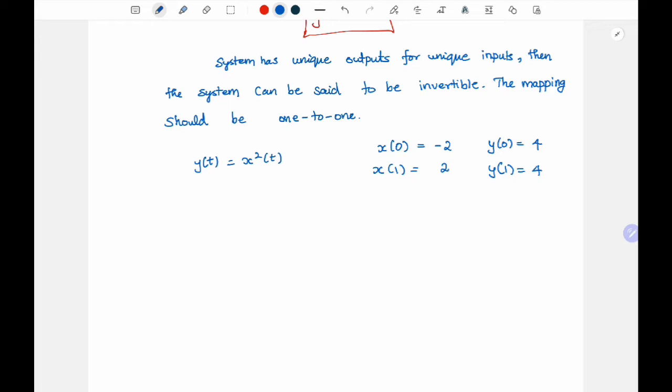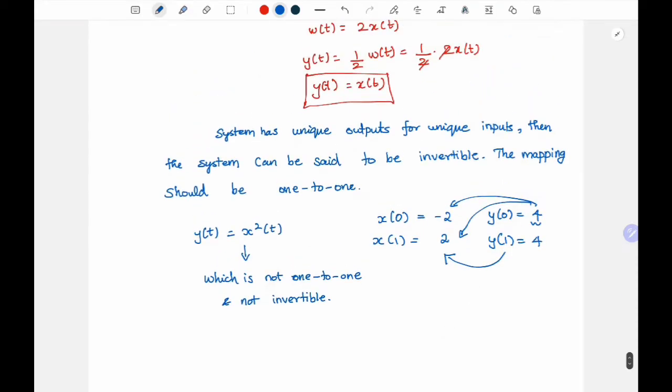So if we have to go back from y to x, we can't say whether 4 corresponds to +2 or -2. It can correspond to both. So this is an example of a system which is not 1-to-1 and not invertible.